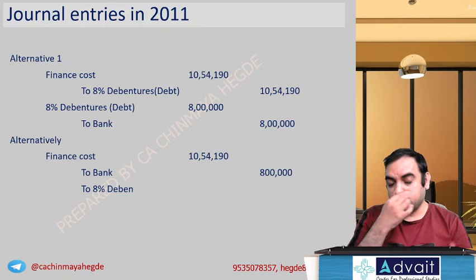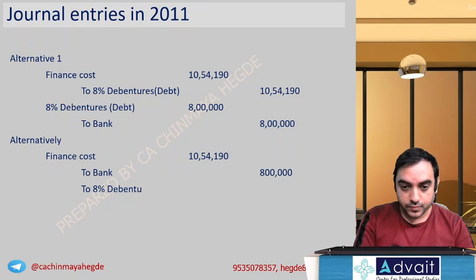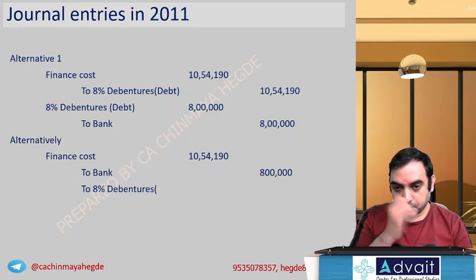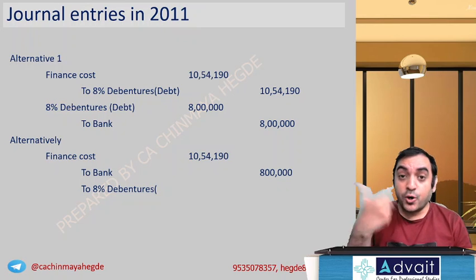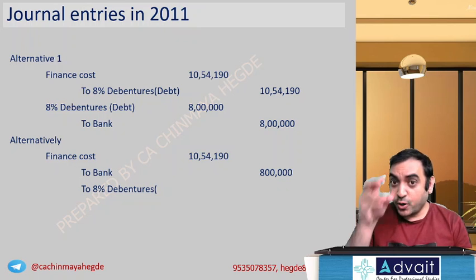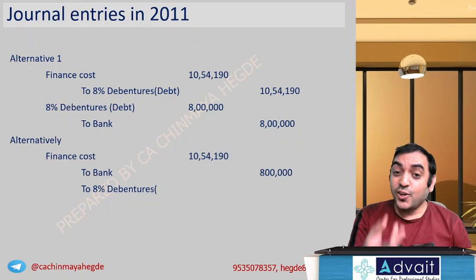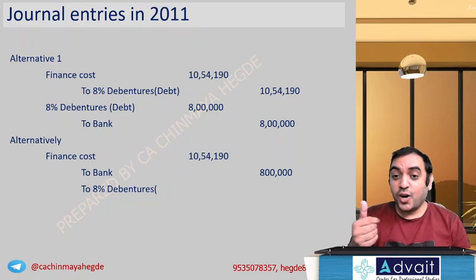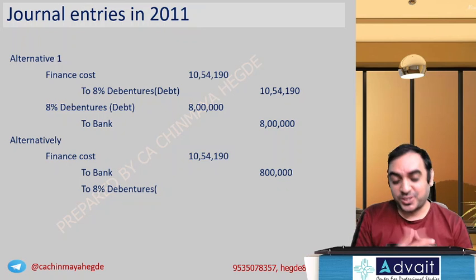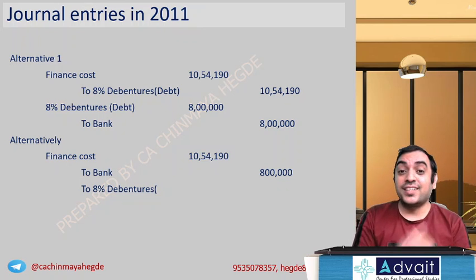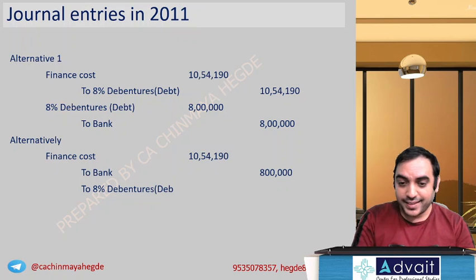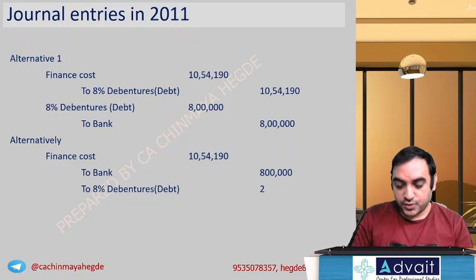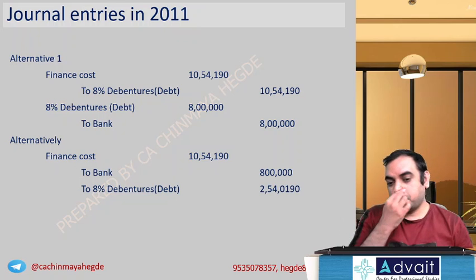Effectively, that is the increase in the debentures. Effectively, that is the amount not paid. That is the amount you are saving. But this saving is the cost you are showing now, and at the beginning you showed the savings as the equity component. So to 8% debenture, debt portion is 2,54,190.